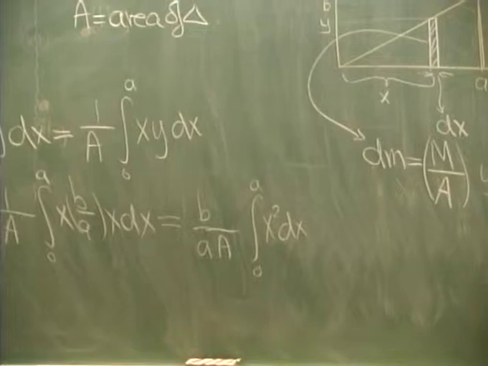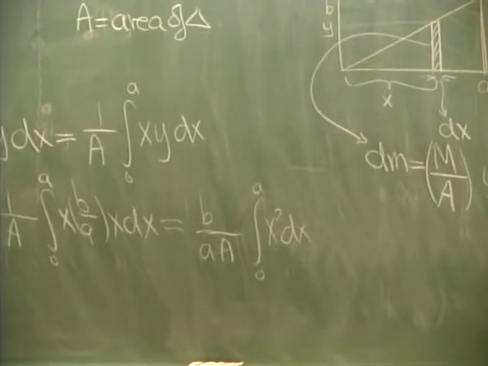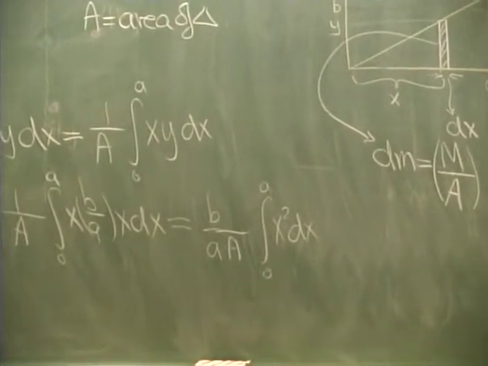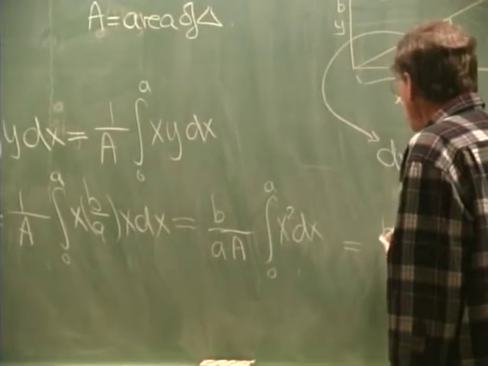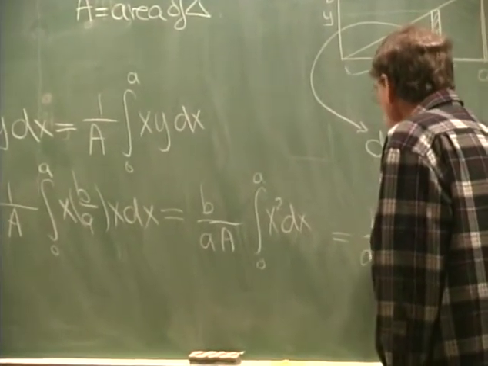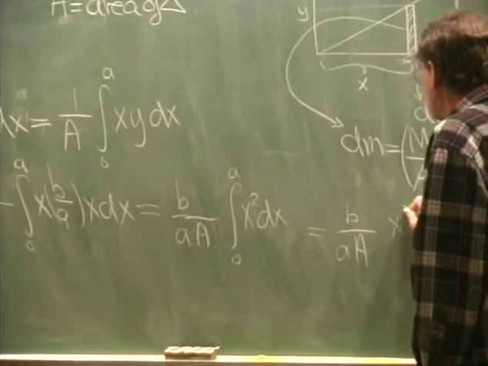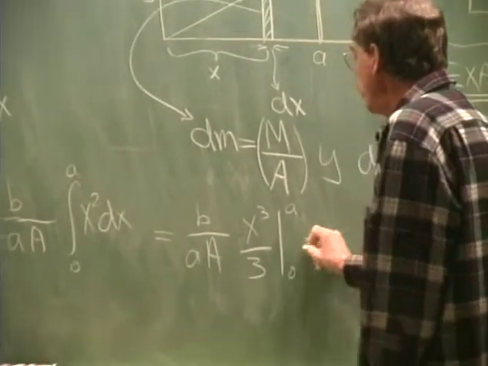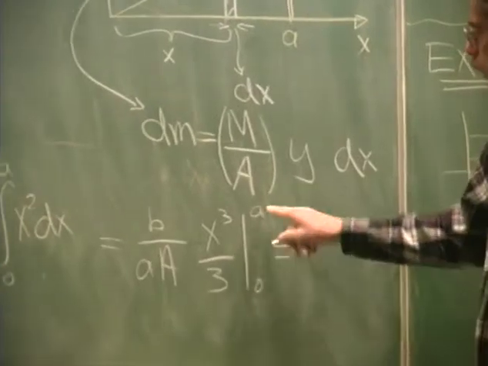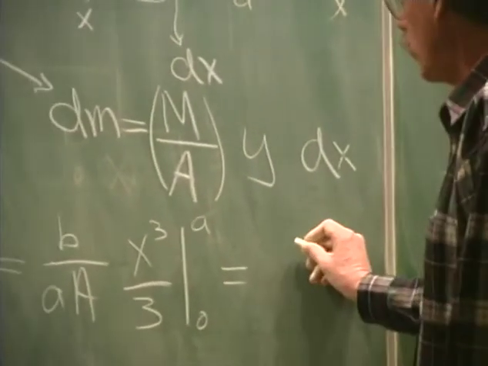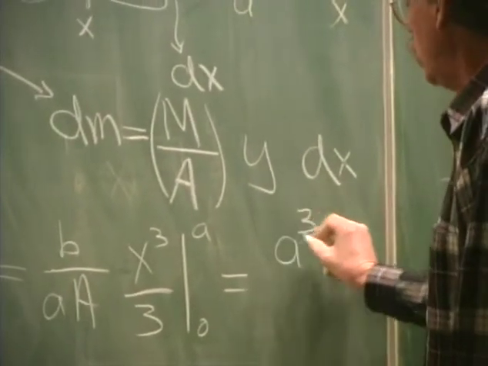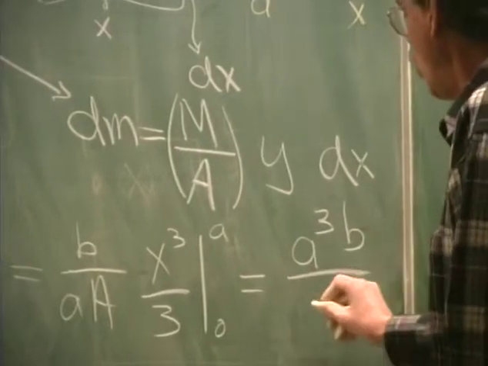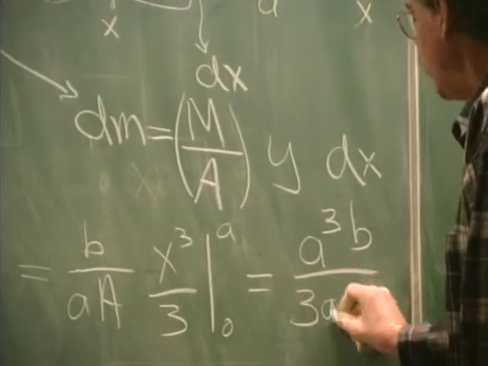Integral of x squared, x cubed over 3. So this is b over a times x cubed over 3, evaluated at the limits 0 and a, lower limit nothing, upper limit a, so it would be a cubed b over 3a.